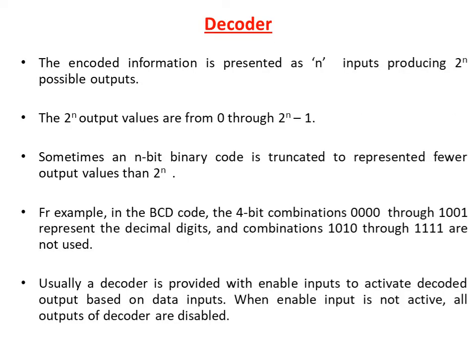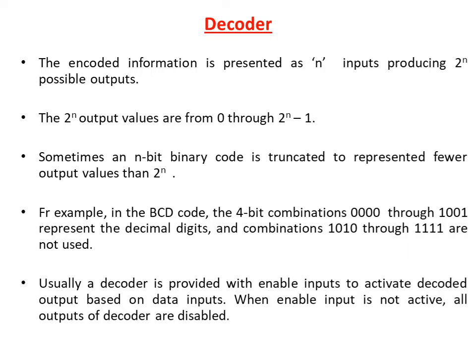Here the encoded information is presented as n inputs producing 2 power n possible outputs, and the 2 power n output values are from 0 through 2 power n minus 1. Sometimes an n-bit binary code is truncated to represent fewer output values than 2 power n.